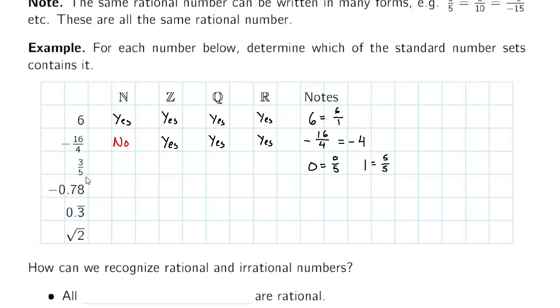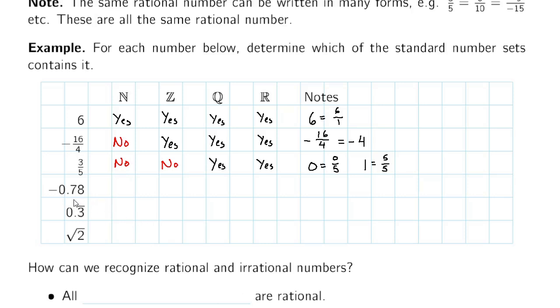And so 3/5 is between 0 and 1. So 3/5 can't be an integer, which means that it's also not a natural number. It's already written as a fraction, so yes, that is rational. And then every rational number is a real number.